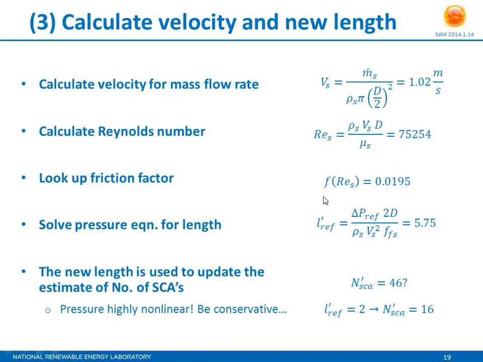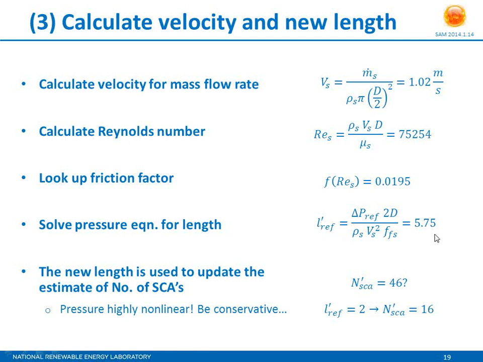And now what we're going to do is go back and solve that pressure equation for our updated length. Remember, we started out with a length of 1. Now we solve back for this updated length, and that's an indication of, all things equal, what the total length of the loop is relative to the original length of the loop. So solving this equation, we get 5.75.